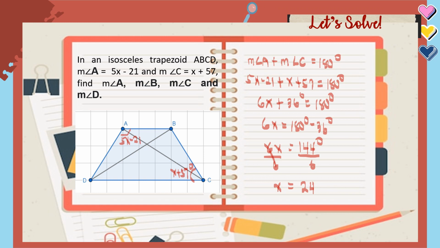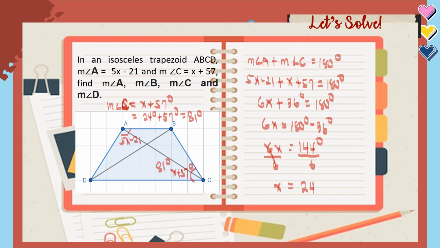Now, I think it's easier to use the measure of angle C. The measure of angle C is x plus 57 degrees. Since x is 24 plus 57, that is equal to 81 degrees.